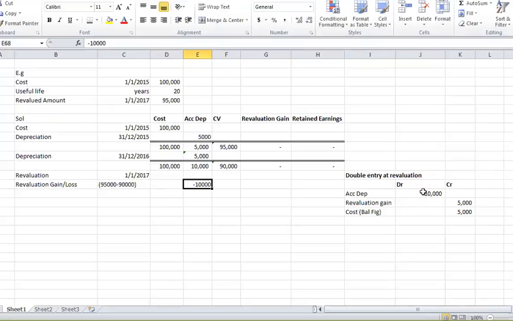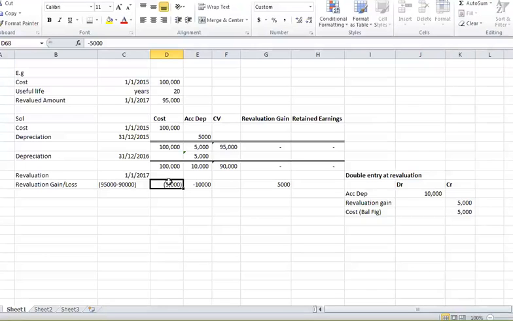So accumulated depreciation has reduced by £10,000. Revaluation gain. So there is revaluation gain of £5,000. And third one is cost of the asset. That is credit means cost has reduced by £5,000. So this is the double entry at the time of revaluation.